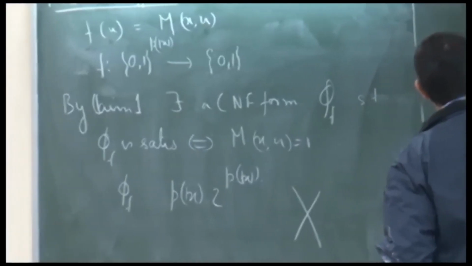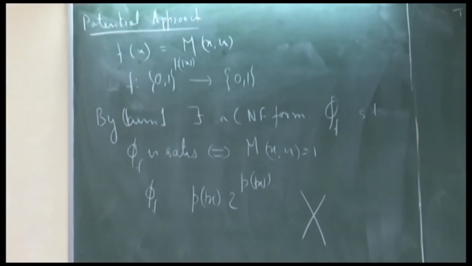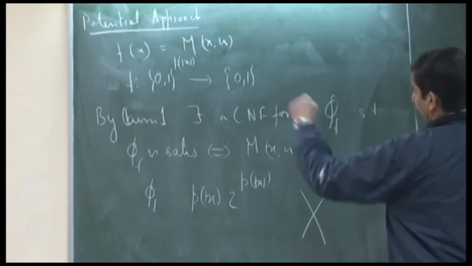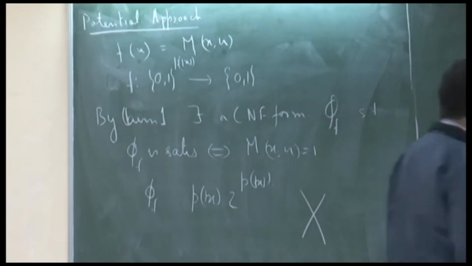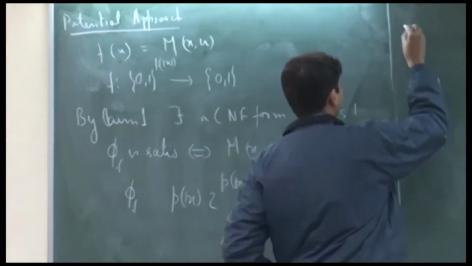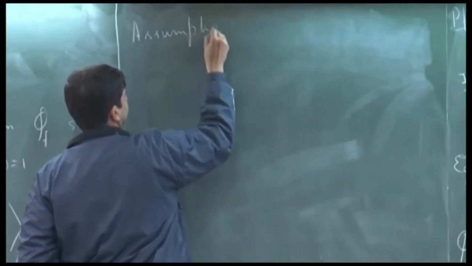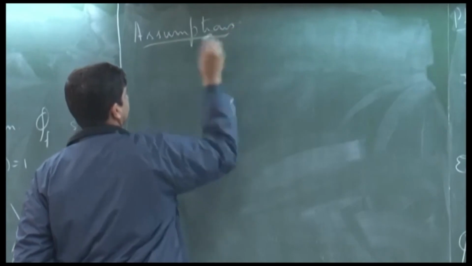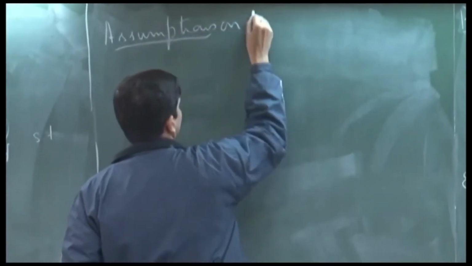So, let us look at the correct construction now. So, we will assume 2 things about our Turing machine M, and both these things can be assumed without loss of generality. Assumptions on M. Okay.